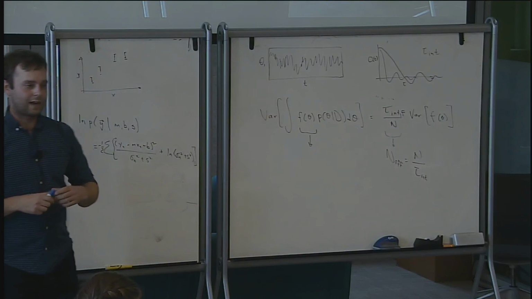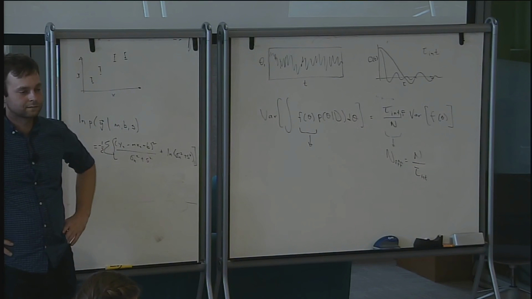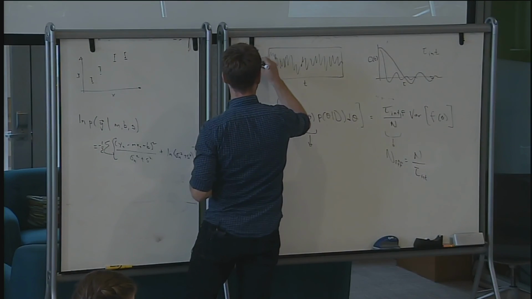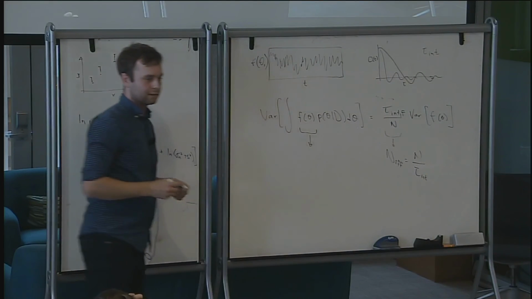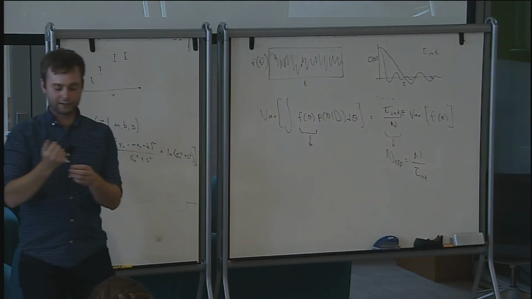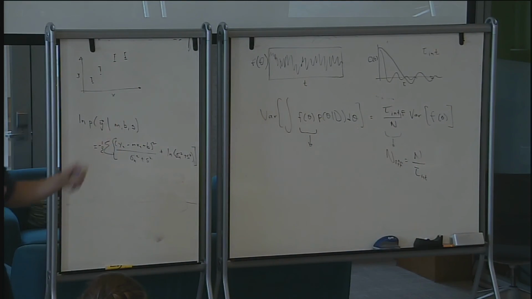So say, yeah? Great. I agree. And that f could be something simple, like just giving you theta 1, like I had plotted before, but it could also be something more complicated. So really the autocorrelation time that matters is the autocorrelation time of the parameters that you care about, right?